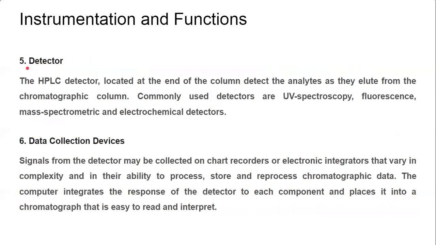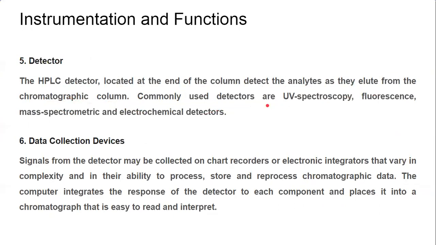And next, after the HPLC column, the fifth component is the detector. The HPLC detector is located at the end of the column. It detects the analyte as it elutes from the chromatography column. Once the elution takes place, the eluates enter the detector from the column one by one.